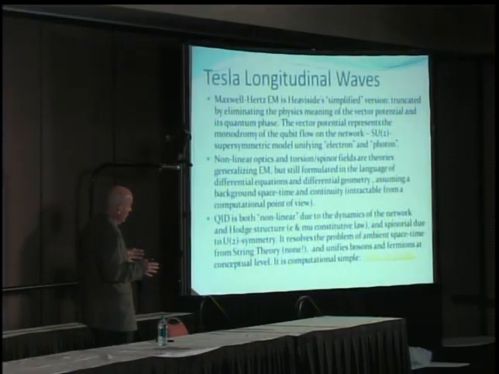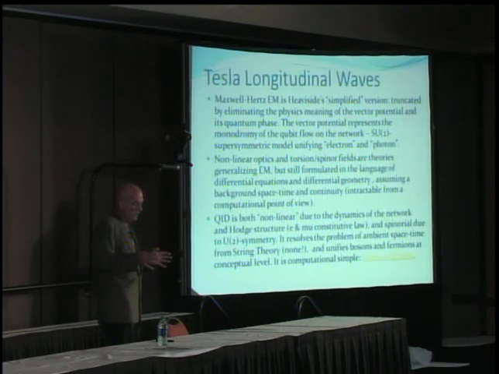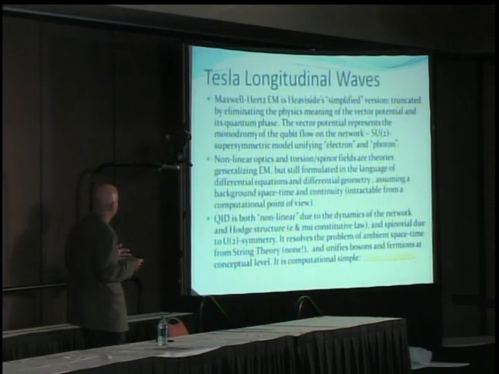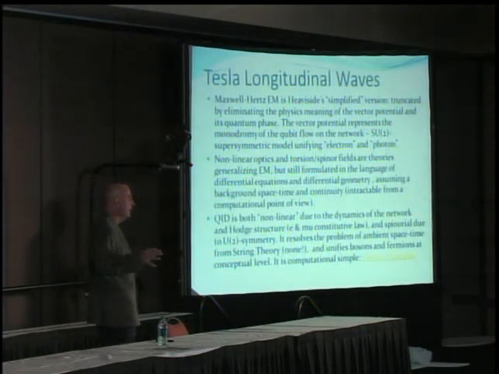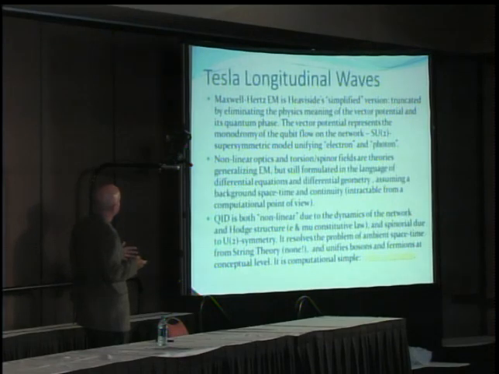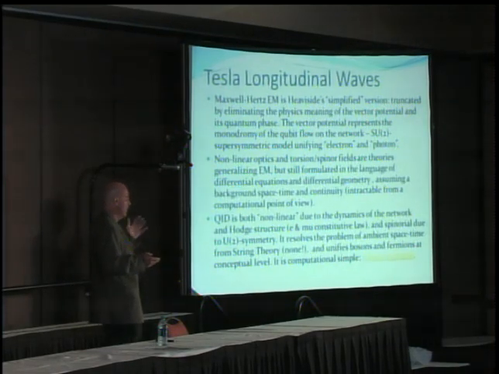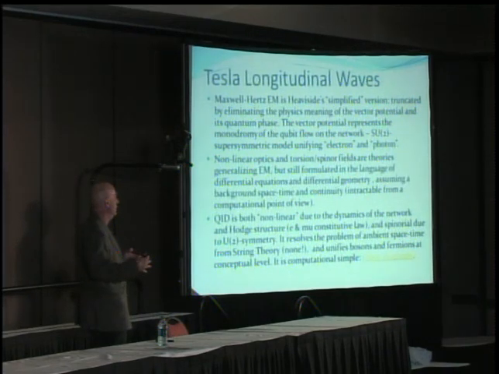So from a mathematical physics point of view, quantum information, as a theory, is really a unification of Maxwell-Hertz with Tesla-Mile. It's a unification of transversal electromagnetic waves with longitudinal electromagnetic waves.